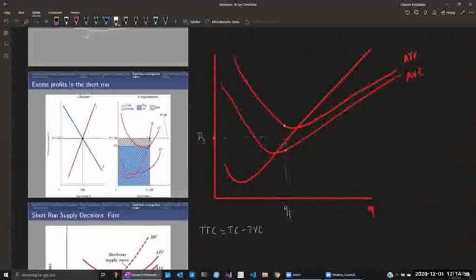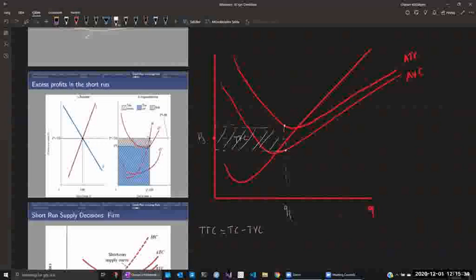Minus Q3 times the average variable cost at this level, right? So then the total fixed cost is given by this rectangle here, correct? So this is total fixed cost. Now, this is the loss that I have to bear if I don't make any production.